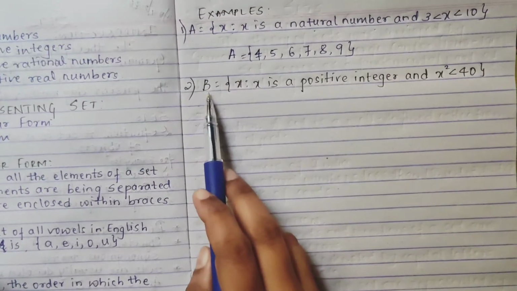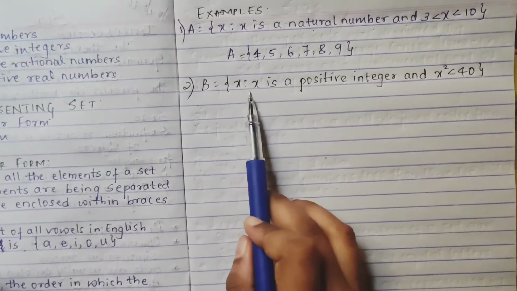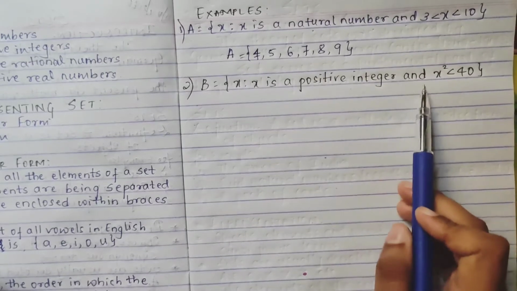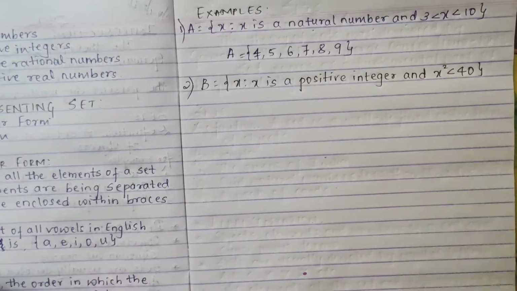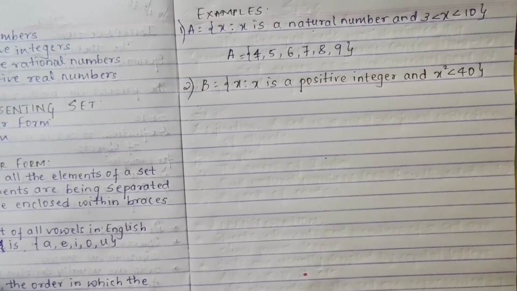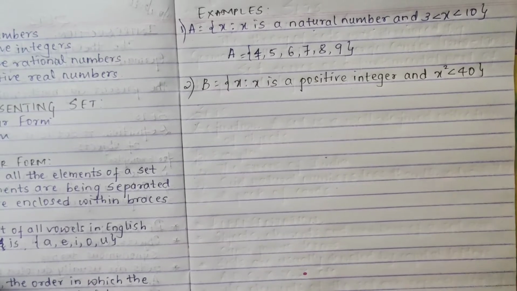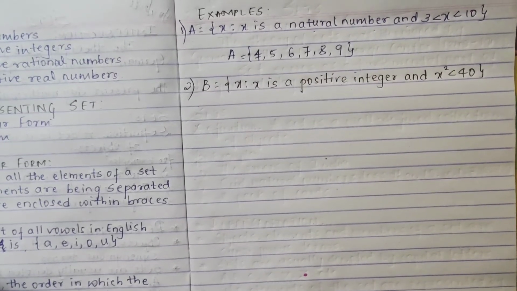One more example, B, write in roster form. x such that x is a positive integer and x square is less than 40. Read the question. x is a positive integer they are telling, so all should be positive numbers, and x square is less than 40. So in squares you have to take.